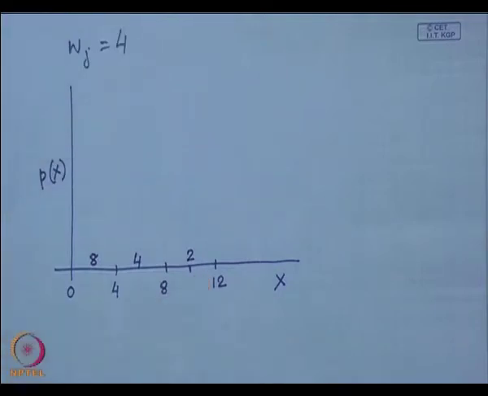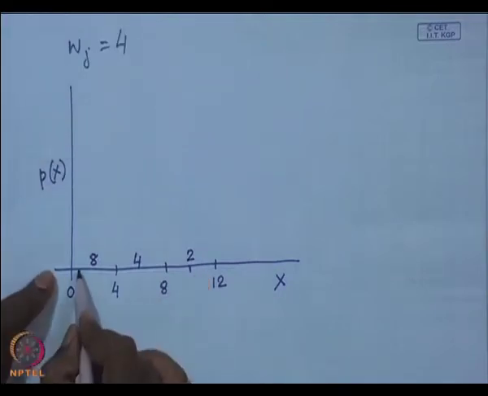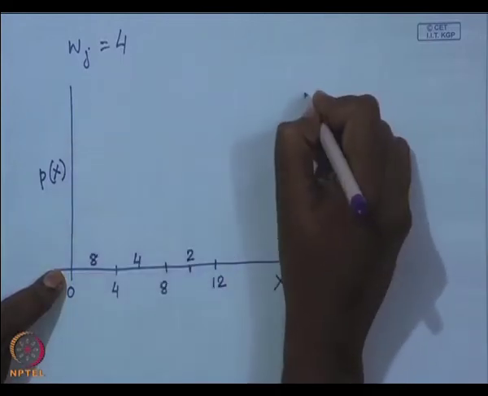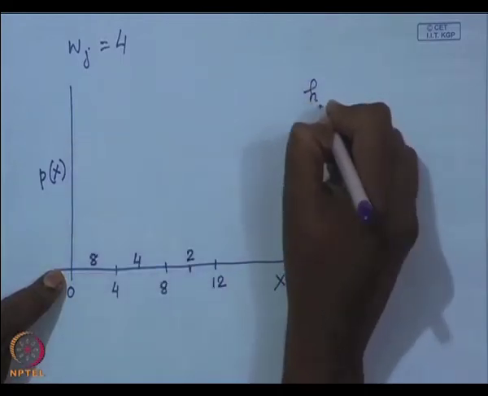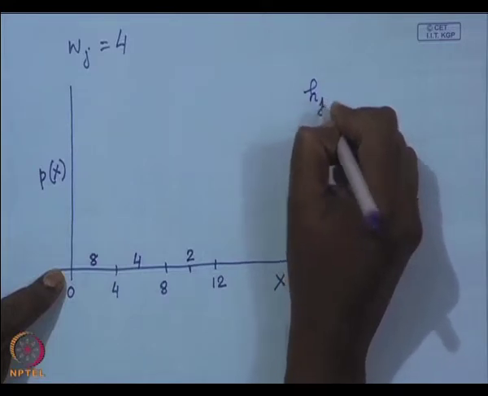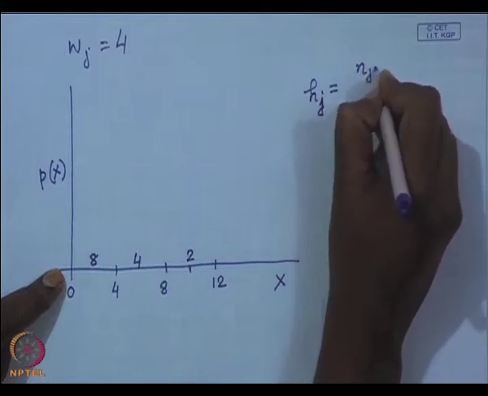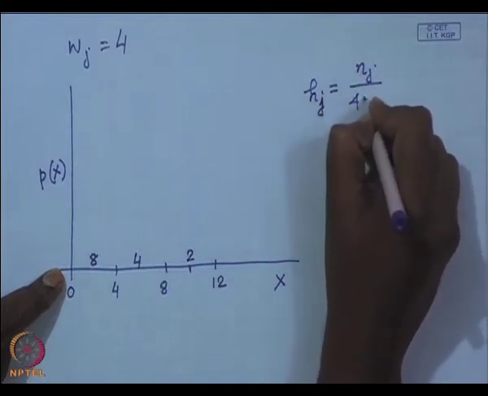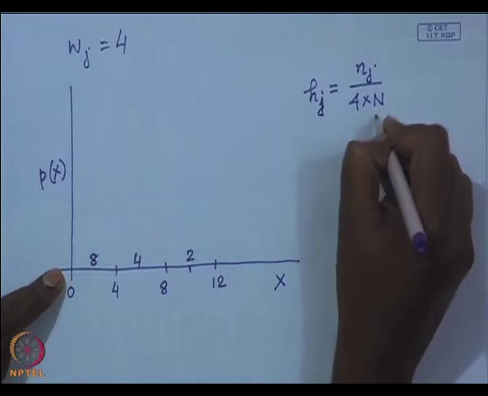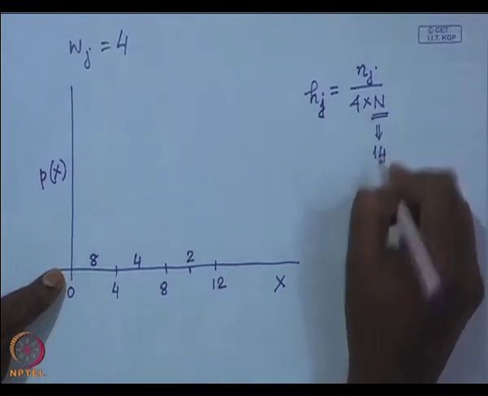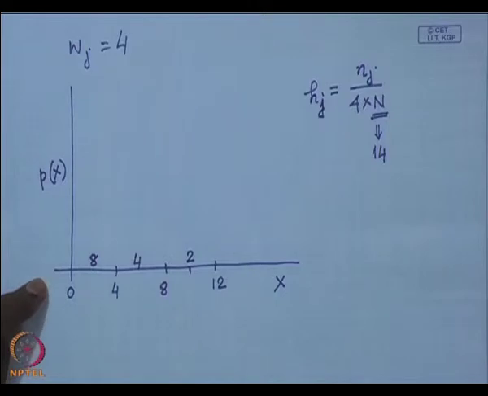So, if I use this, now we find that here W j is equal to 4. So, the height of every bin H j will simply be N j by 4 times n, where this n is equal to 14. I have total 14 samples.